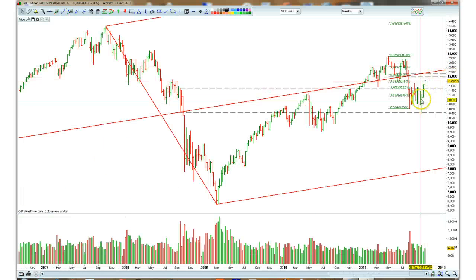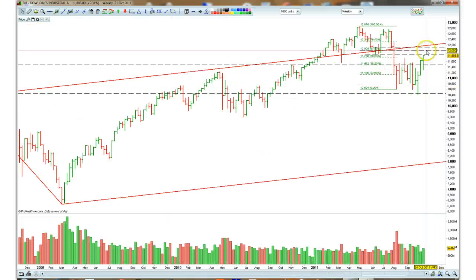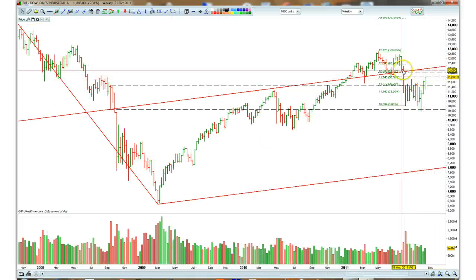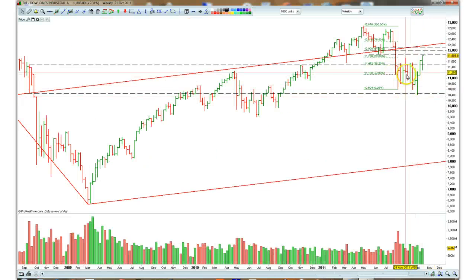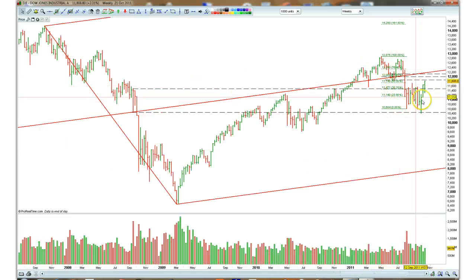If it were to go up to the median line and create a pivot there, and come back to a higher pivot low, and if it was really light volume coming down and narrowing spreads, then that would be a good test of this congestion area here, and that'll add some strength to the chart.